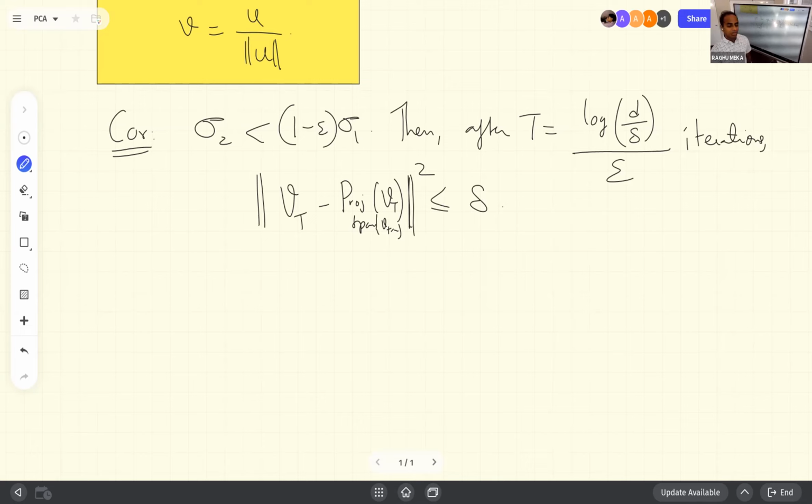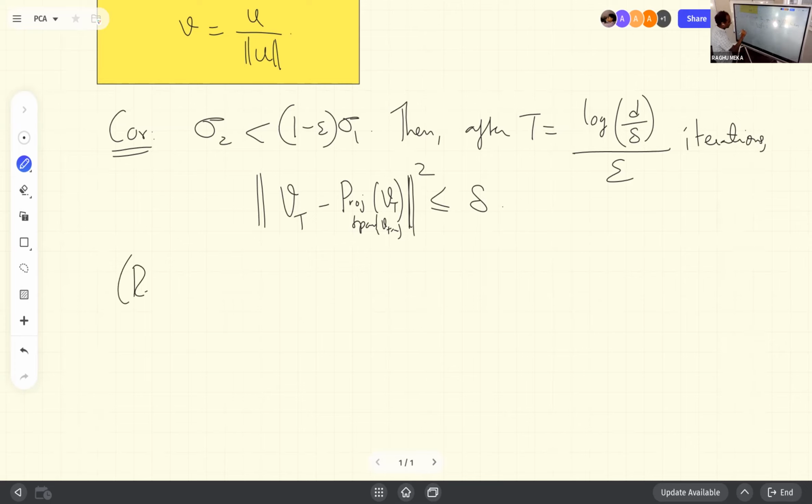So essentially I'm going to converge either to the true singular vector or to the negation of the true singular vector. In either case, the projection onto the span of your true singular vector is going to be almost a full vector. Okay?